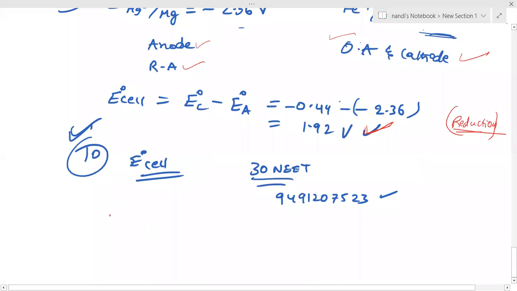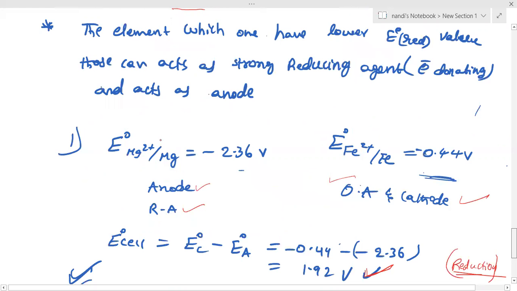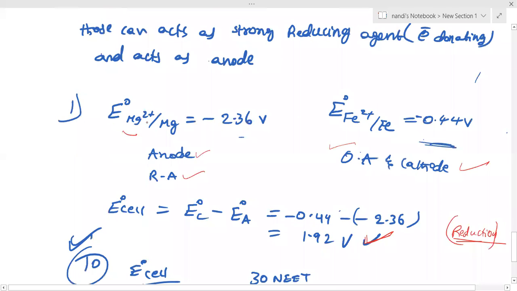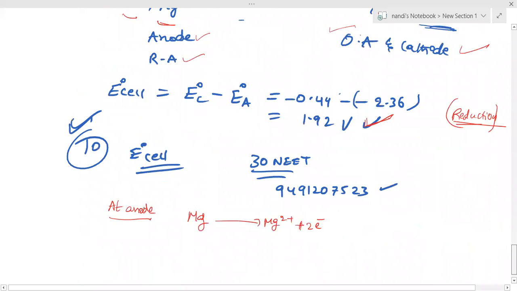So at anode, oxidation takes place: Mg gives rise to Mg2+ plus 2 electrons. How to get how many electrons, sir? That's mentioned very clearly. Here, magnesium 2+ and magnesium. Magnesium converted into Mg2+, so looking at that symbol, you can write what they converted.